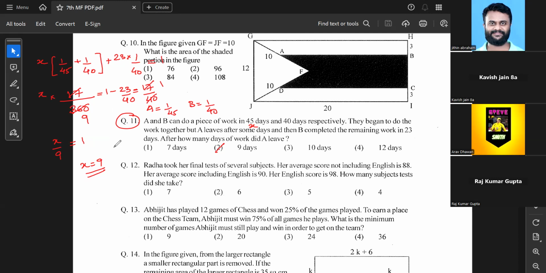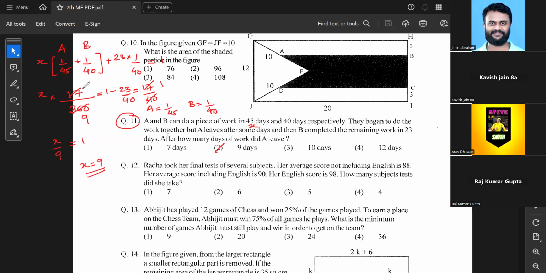So the equation that you took, that x bracket, can you explain how did you make that equation? Sure, I'll explain. This is the work done by A in one day. This is the work done by B in one day. And this is the number of days they have worked.